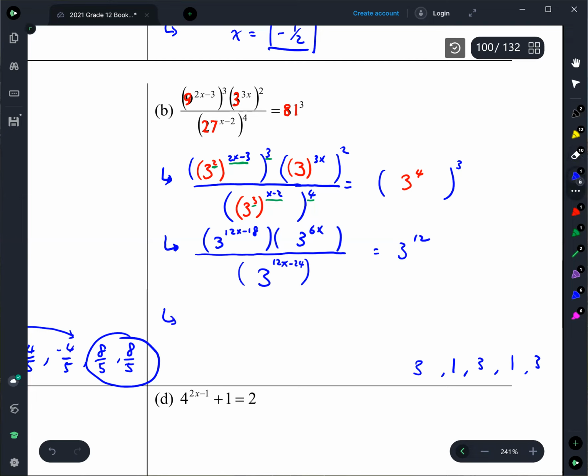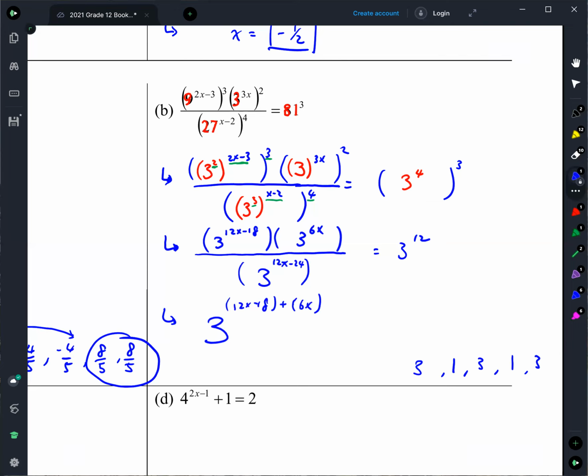You need to simplify. The common mistake I see is to have 12x minus 18 and then times it by 6x over 12x minus 24. You cannot do that. On the numerator, they are multiplying, so you should add the exponents: 12x minus 18, add 6x.